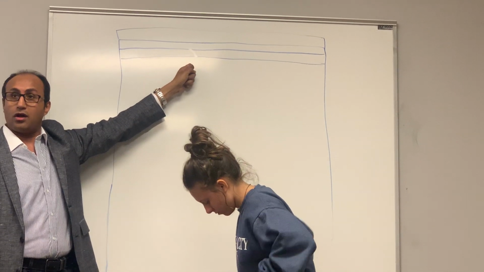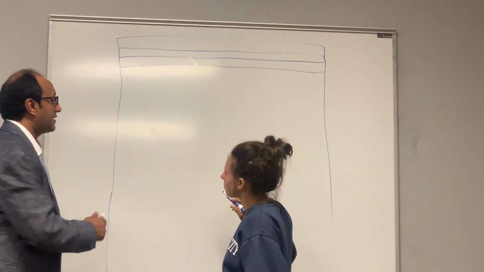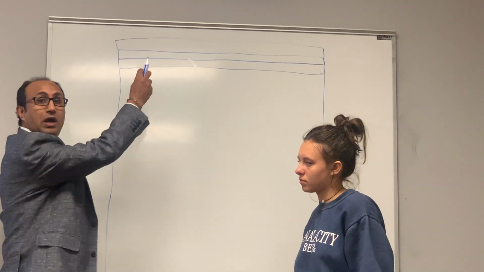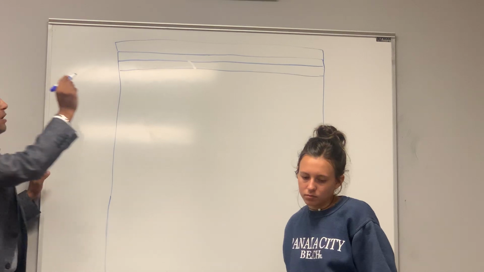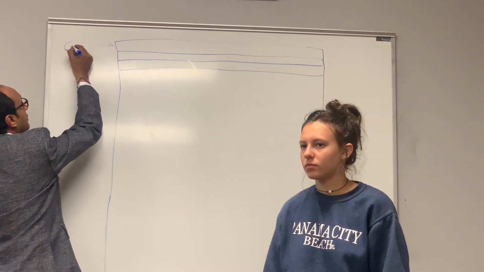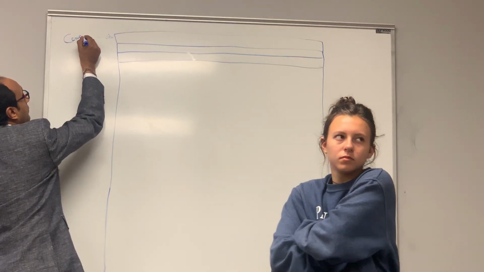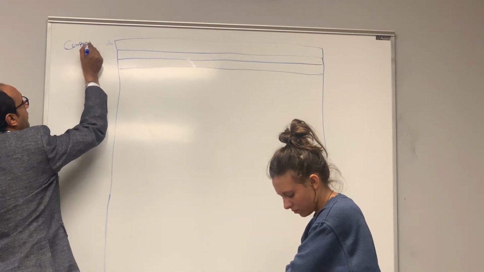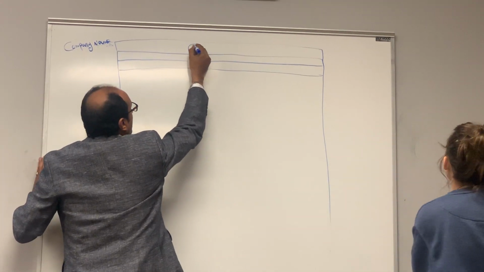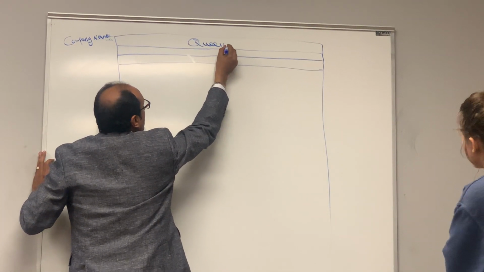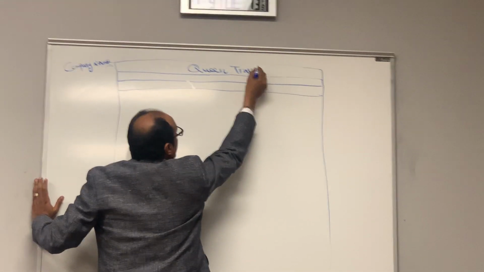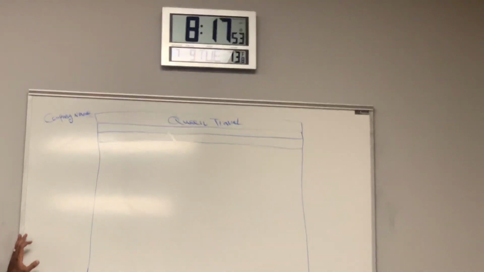Right? Okay? Who can tell me the first one? First one, we will start from what? Company name. Isn't it like Queen Travel something? Yes, company name. So Queen Travel, the company name, right?